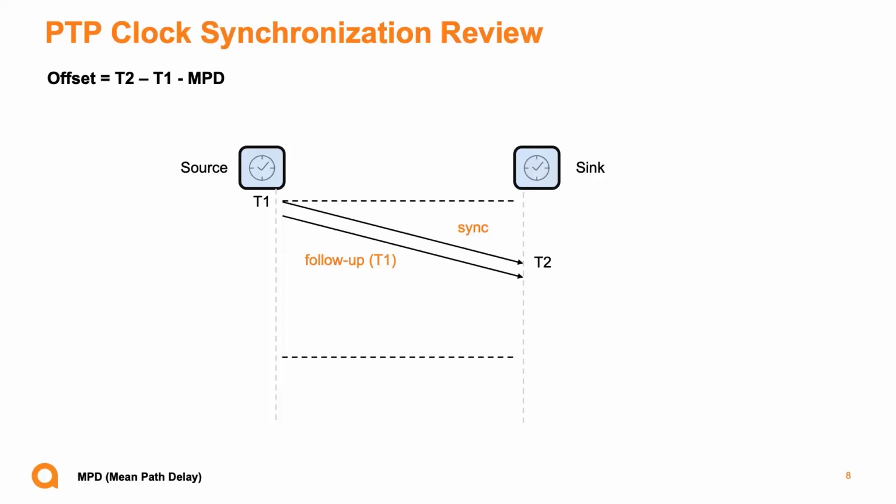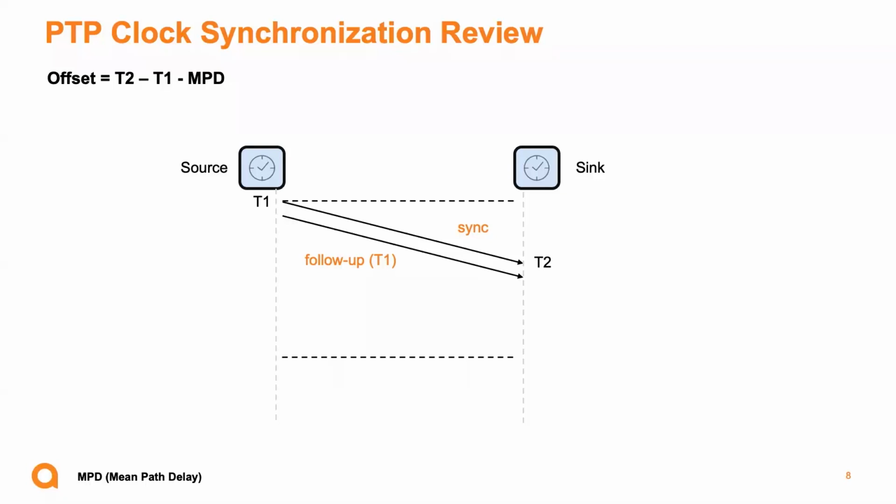But if you transport that timestamp inside the sync packet itself, then you have to predict the exact time when that transmission is going to actually happen. So the follow-up is a lot more precise than sending that timestamp in the sync packet.